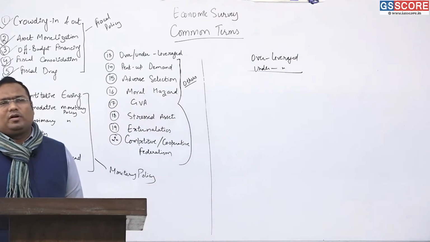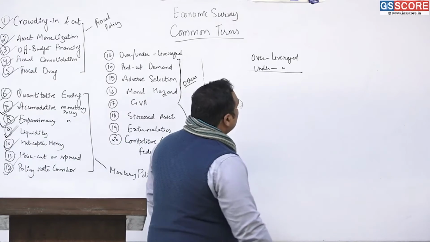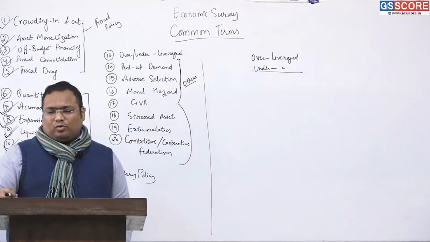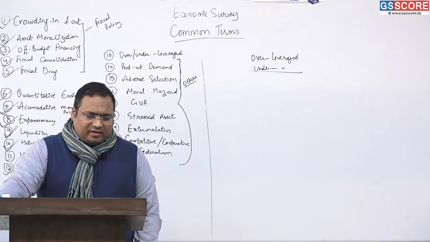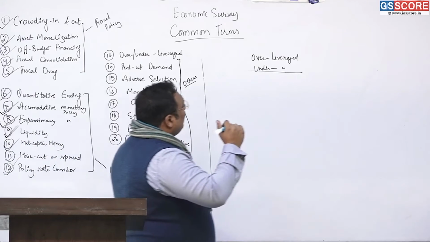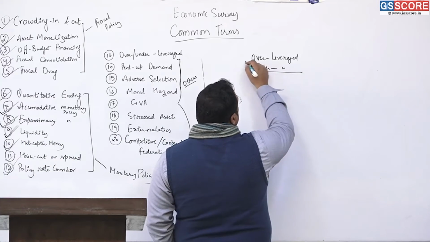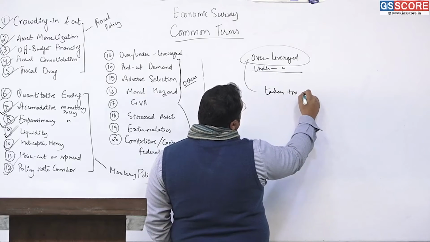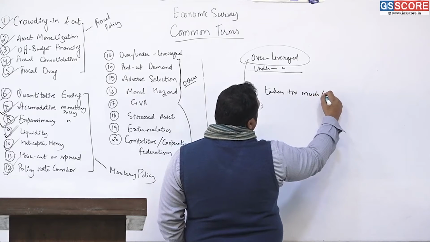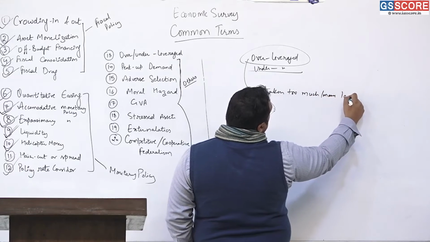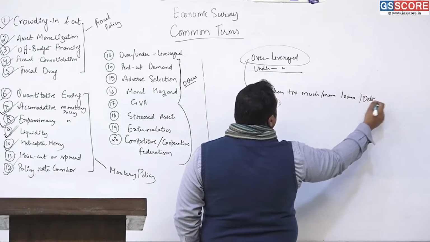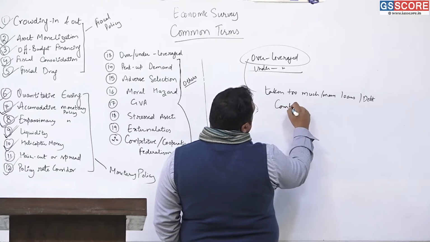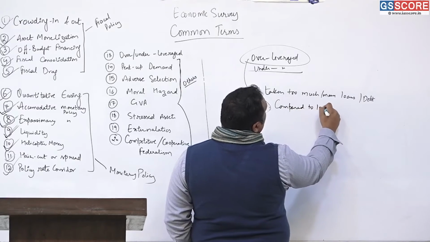What is over or under leveraged? This is also a very small and easy definition to explain. The idea is, you are over leveraged when you have taken too many loans or too much debt compared to income.